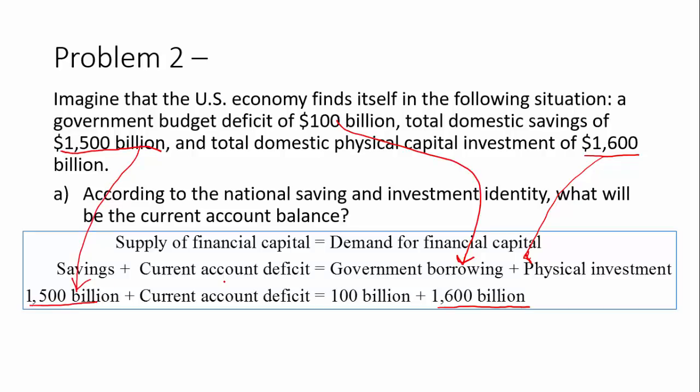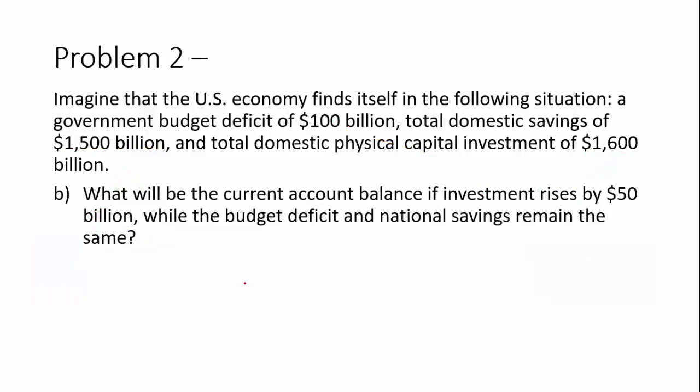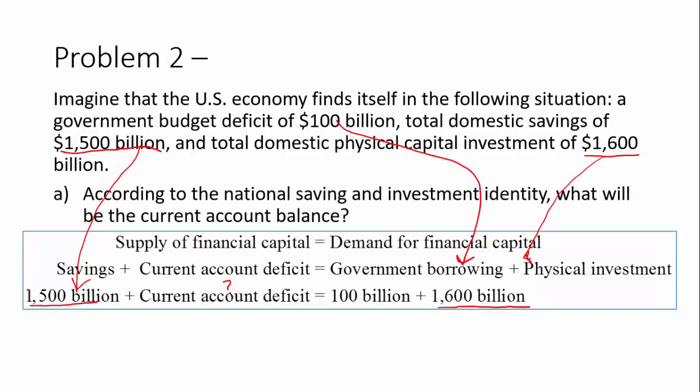So really the question is what is our current account deficit? Well, now we just need to solve for the difference in this case, right? We could subtract 1,500 billion from both sides, because we're trying to isolate the current account deficit here. So we take our 1,500 billion over to this side, and it's subtracted there.